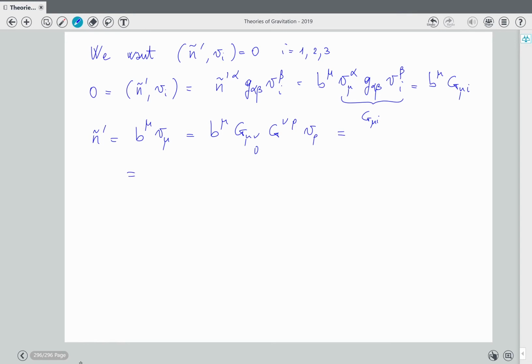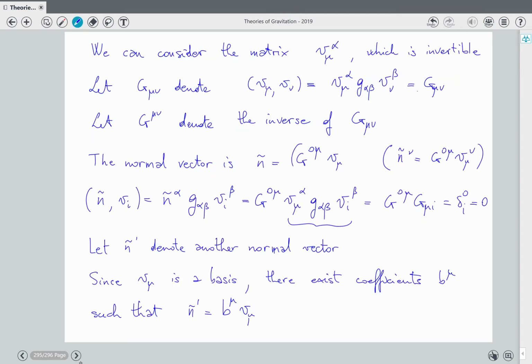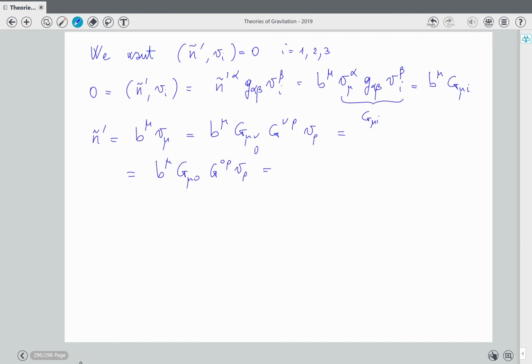And therefore we can write b mu g mu 0 g0 rho v rho. However, g0 rho v rho is precisely n tilde. So you have a normalization factor times n tilde.